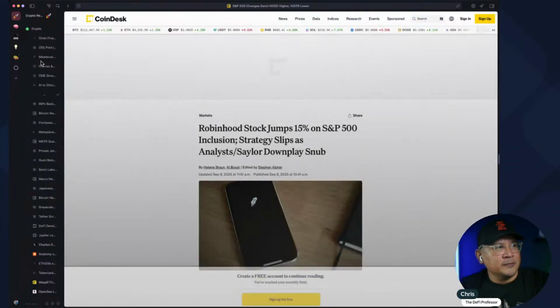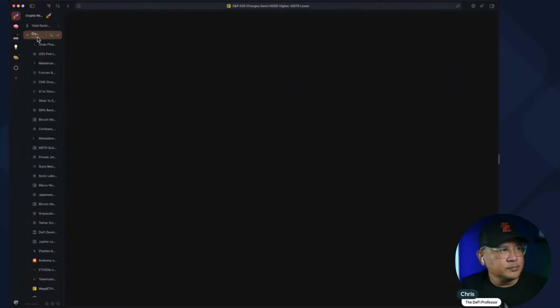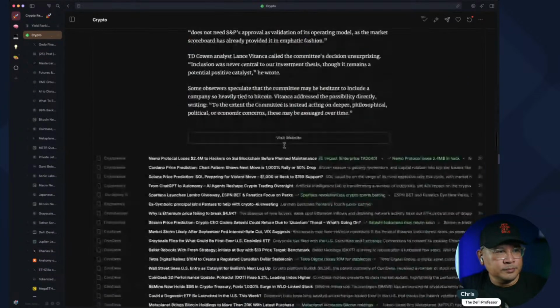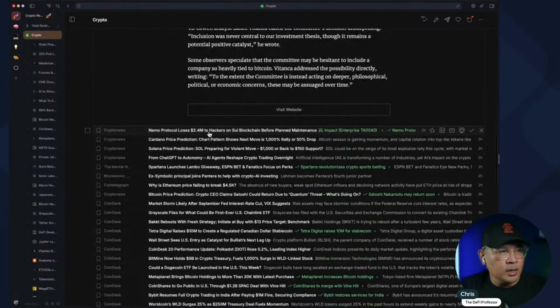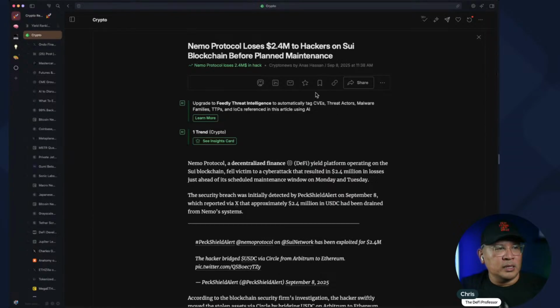Probably should put that in there. Nemo protocol and SUI got exploited before planned maintenance. I do hope that they make that work out.